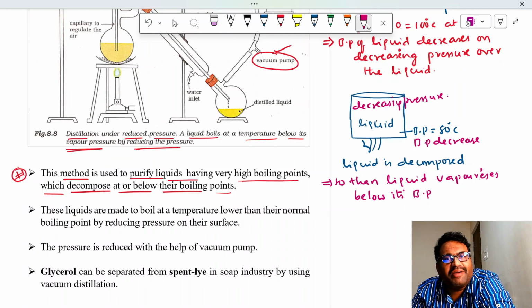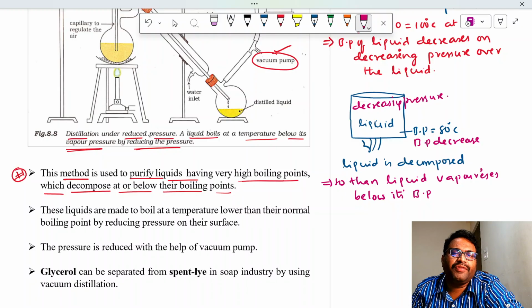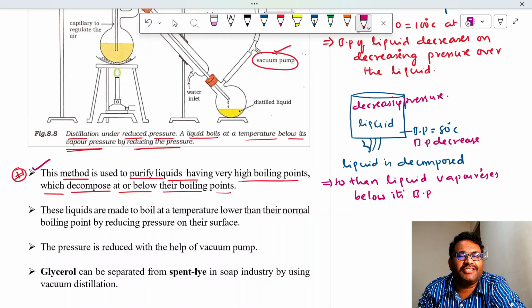Now it is not reaching the boiling point. If it reaches the boiling point, it decomposes. If it does not reach the boiling point, it does not decompose. So that is the feature of distillation under reduced pressure. When you decrease the pressure over the liquid, it will vaporize below its boiling point so that it will not decompose. This point is important.